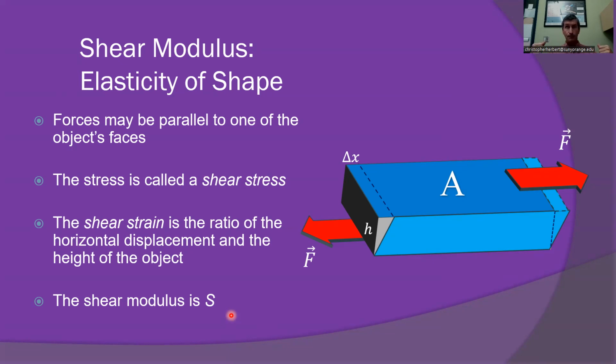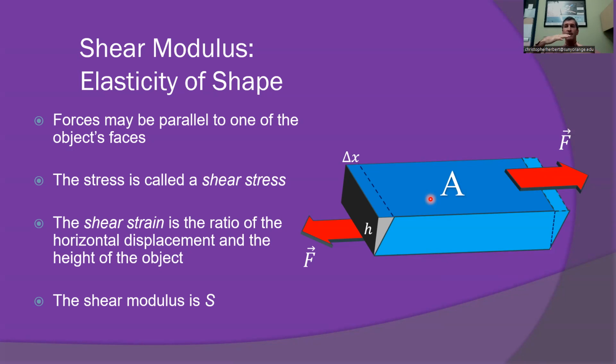But in addition to the tensile strength and the compressional strength of the material, there are also other types of stress that we can place on the material. One of the big ones is what we call a shear force. This is a little bit different from compression and tension, because in compression the force is directed toward the center of the material, and tension is away from the center of the material.